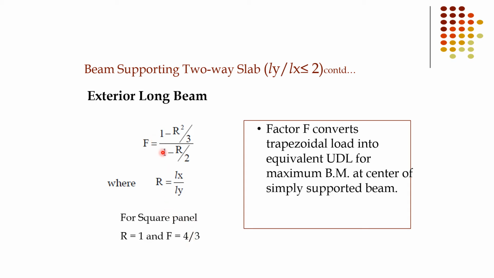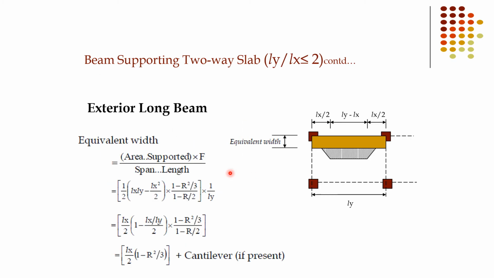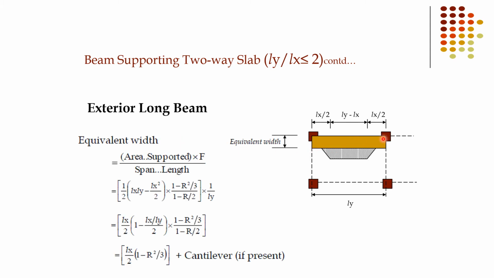Now f is the factor. Now this is the trapezoidal load. Now I will multiply with f to convert into UDL load. Here the trapezoidal load is multiplied with factor f to get the equivalent UDL load. First I will calculate the equivalent width. For the calculation of equivalent width, you multiply with this and divide with this dimension.